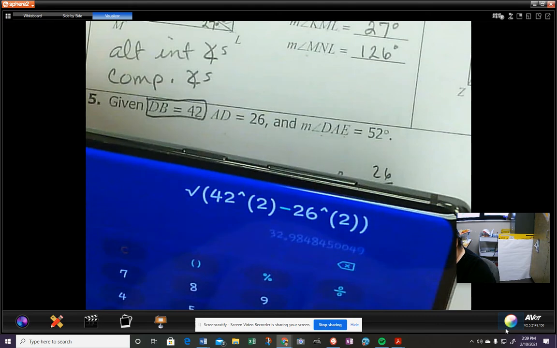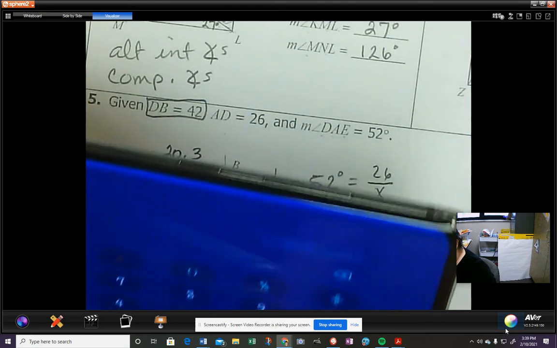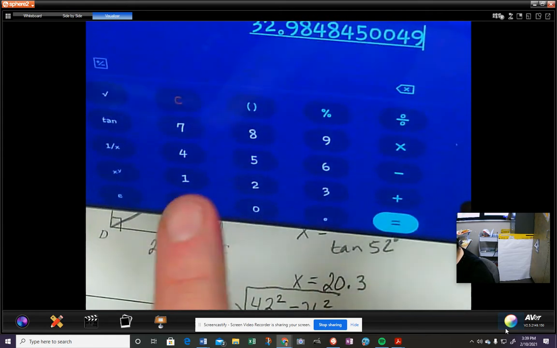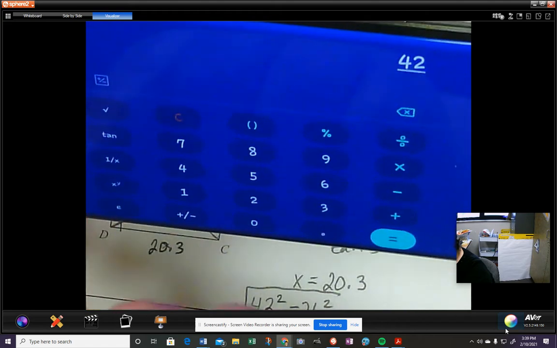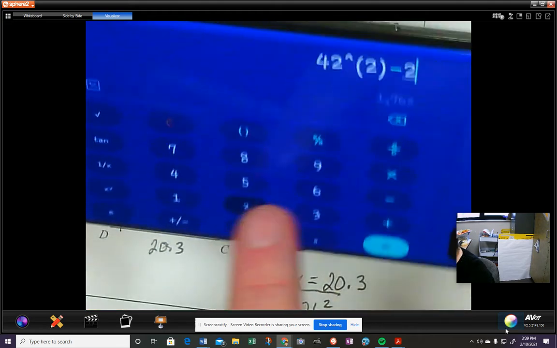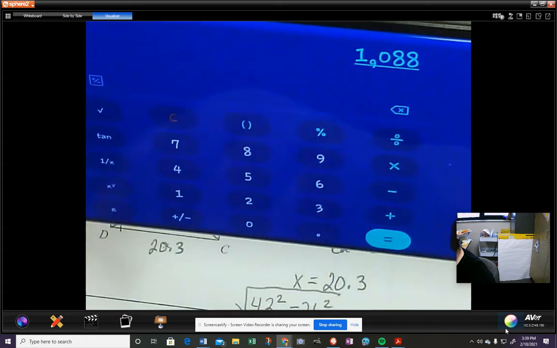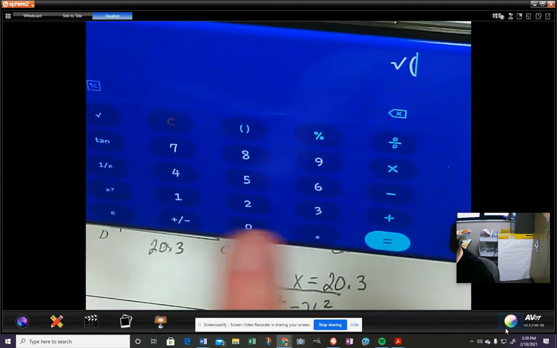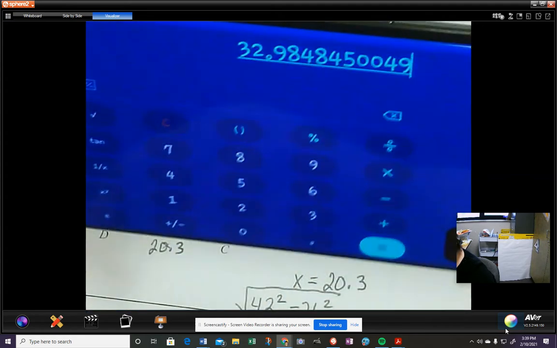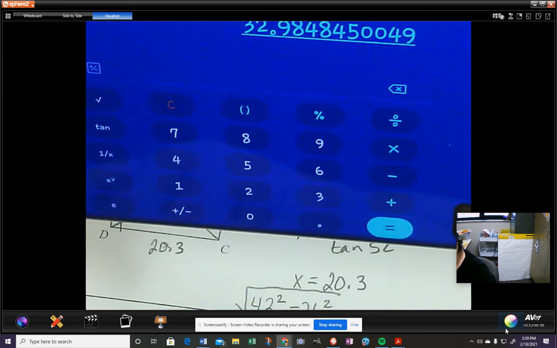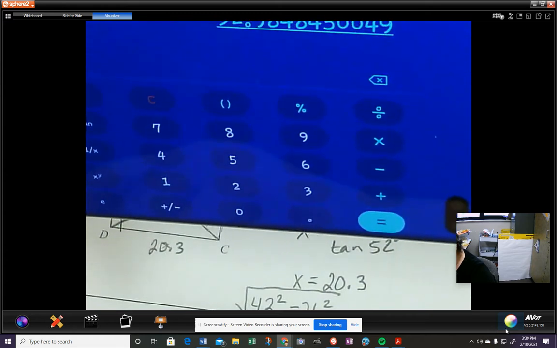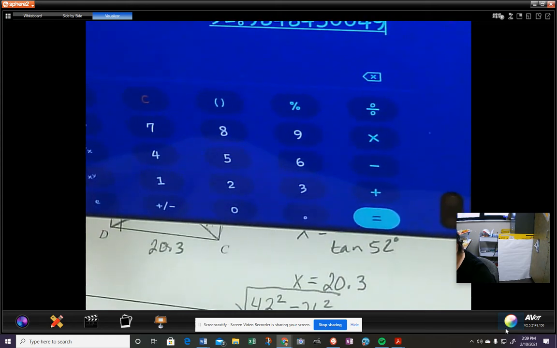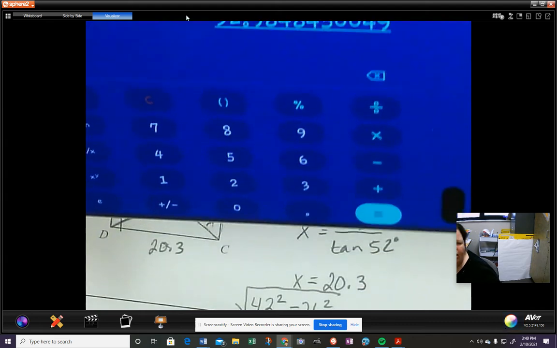Nope, that's not what I get. I get 32.9. Let me see if I do it again. 42 squared minus 26 squared gets 1088. Square root of 1088. I got something totally different. It said 20.3. I want to pause this.